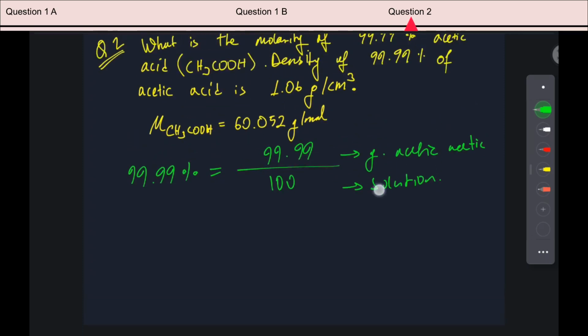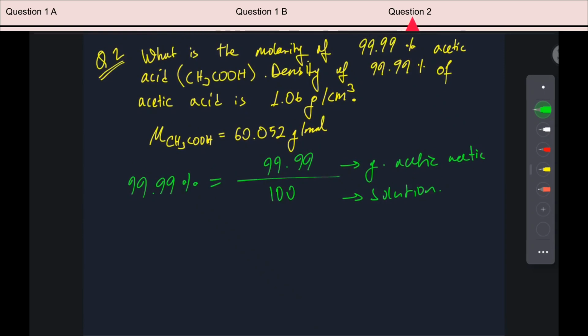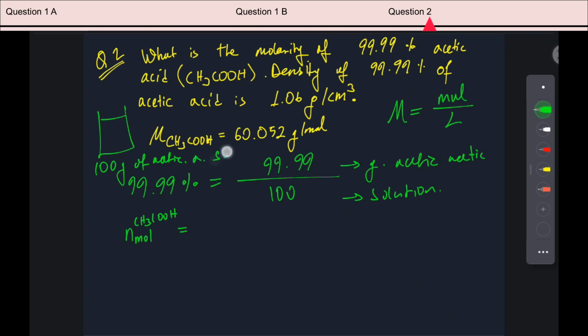But firstly, again, I want to calculate its molarity, which is mole over liter, right? So I want to calculate the mole of the acetic acid. To do that, I again assume that I have 100 gram of acetic acid solution.